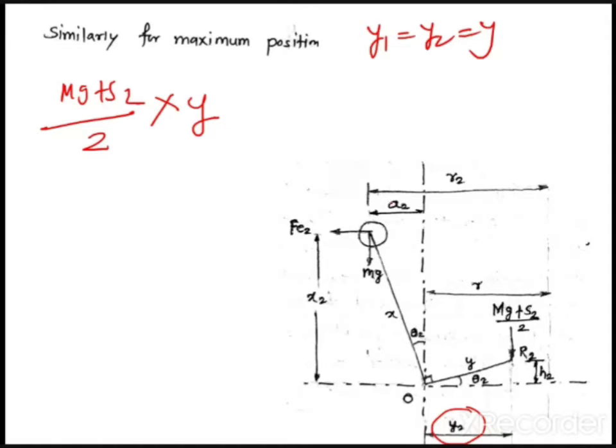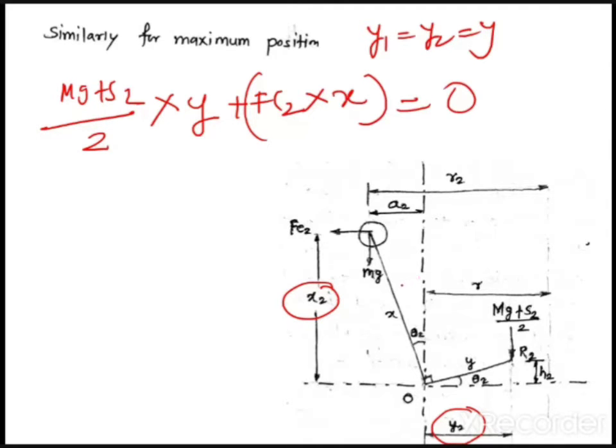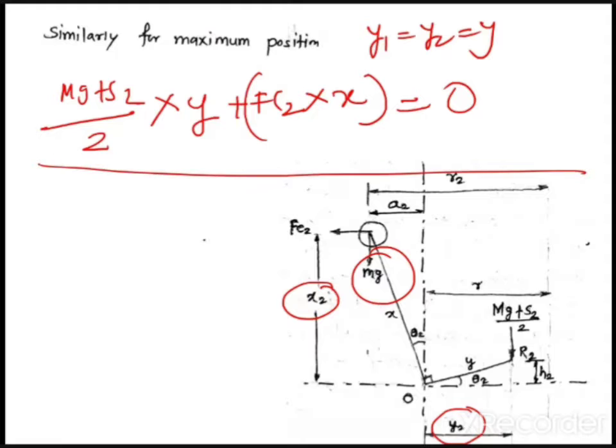Then plus fc2 multiplied by x2, but I am taking x, that is equal to 0, right? So this is the equation, and this mg we are neglecting. Guys, very important, you have to write down this equation. If you have to solve the problems, you should be able to write this moment equation.